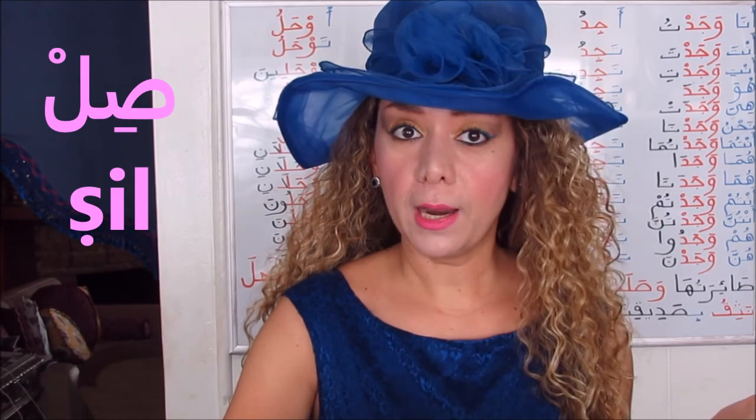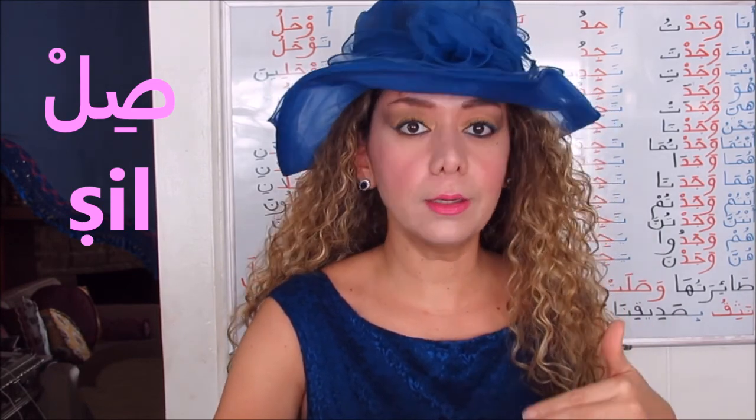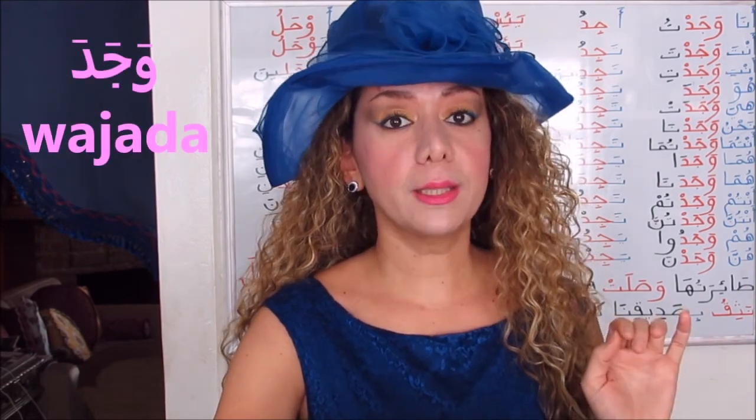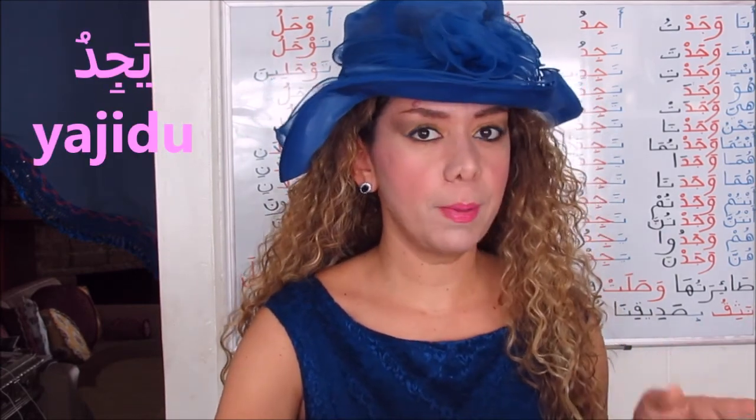Alright? We have the prefix plus the middle radical of the root and the third radical. Sil. In the imperfect, we are left just with the second radical and the third radical. Sil. To arrive. Wajada. To find. Yajidu. Same pattern as wasala, yasilu. Jid.